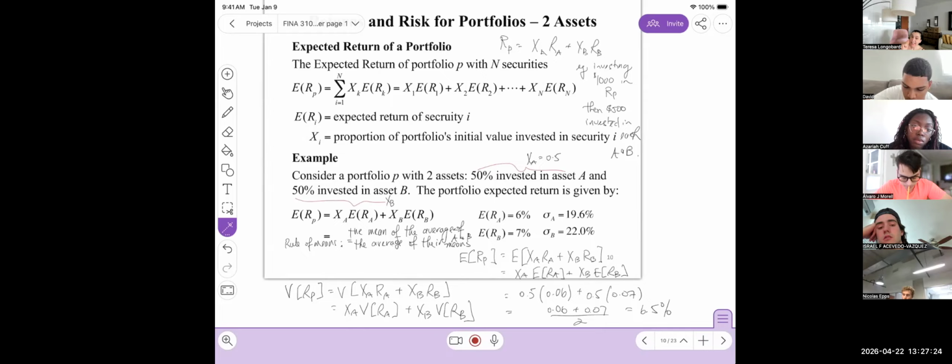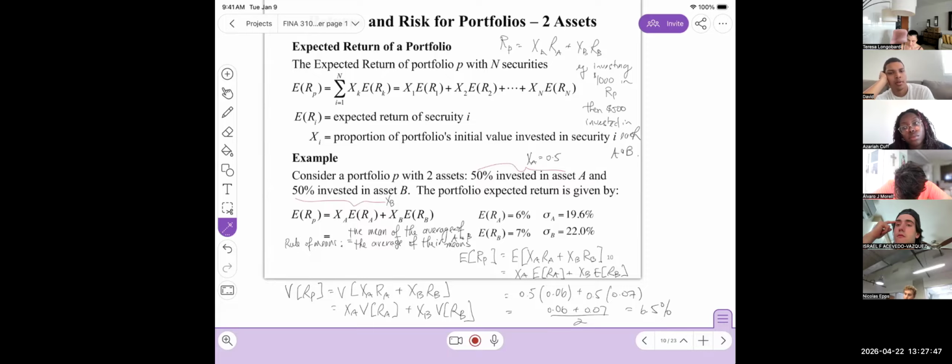It is yes if something is true. If RA and RB have no relationship or interaction, that's true. In other words, if the covariance of the returns to A and returns to B is 0, that is true. That's the only time, okay?